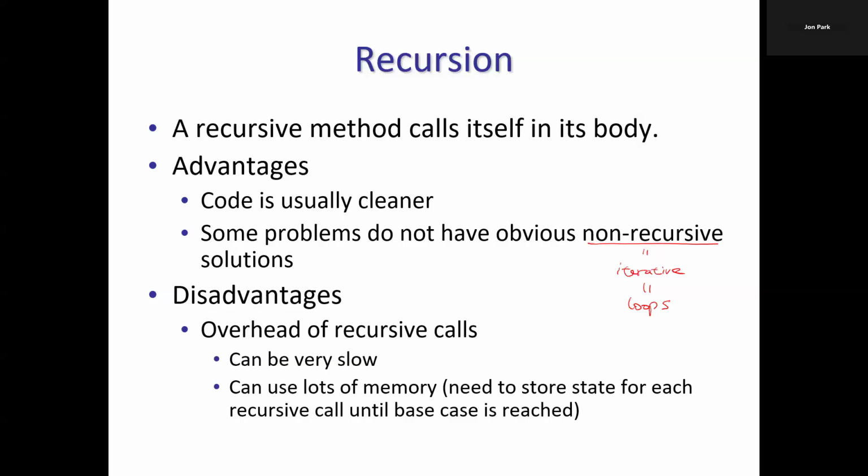The disadvantage is that it's typically slower, because every time you make a call, Java allocates memory for that call, for local variables, parameters, and so on. So when a recursive method keeps on calling itself, say it called itself 5 times, then this allocation of memory happens 5 times, and each time it takes time. That's why it's usually slow, and for the same reason, it usually takes up more memory than iterative approaches.